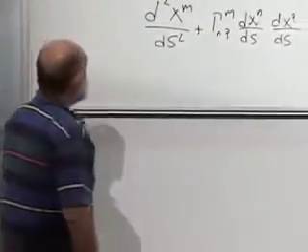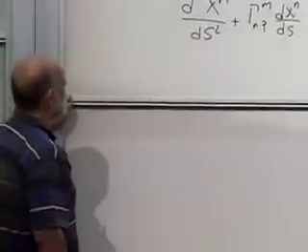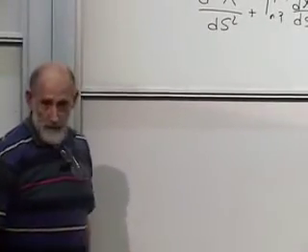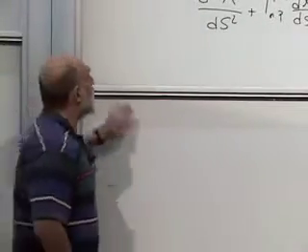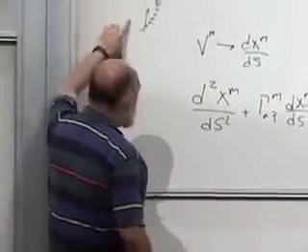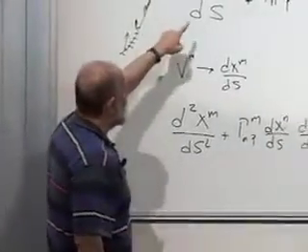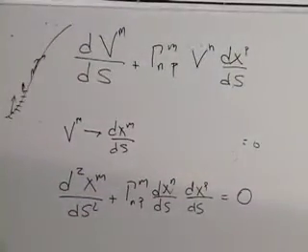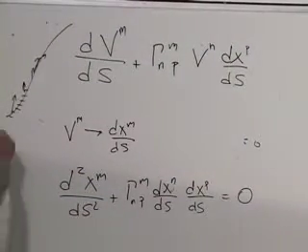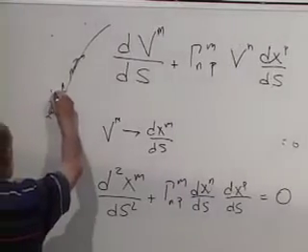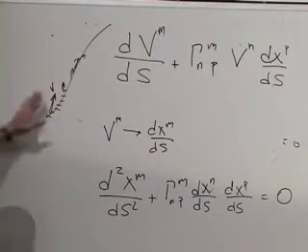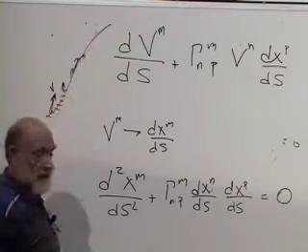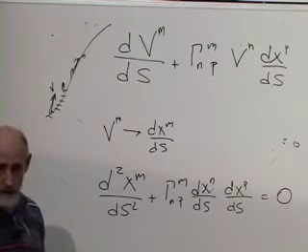Okay, but now let's define something else. Let's define parallel transport of a vector. Supposing we have some vector which is not the tangent vector now. Let's come back to a general vector like this. This vector may not be the tangent vector. Here it is. It's V. And it's allowed to vary along the curve.